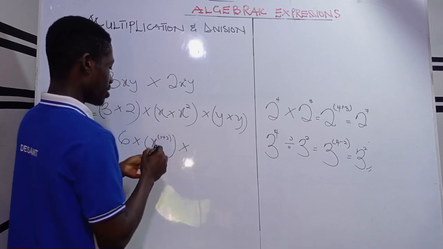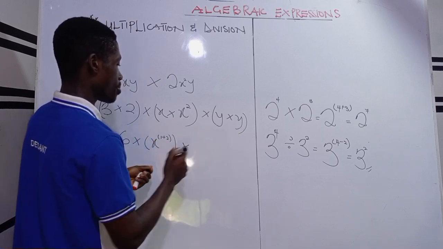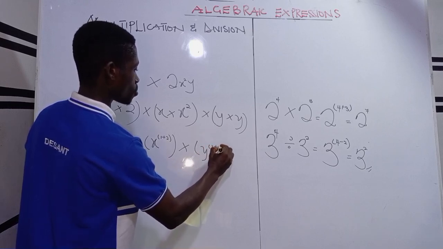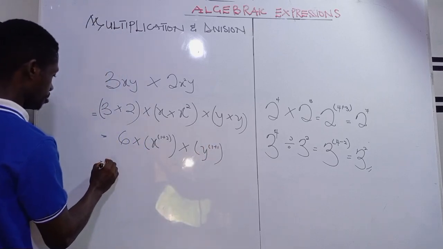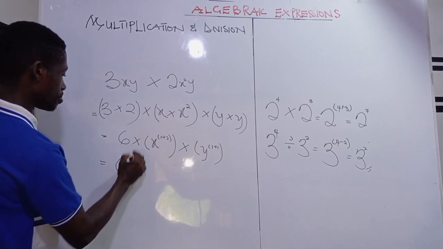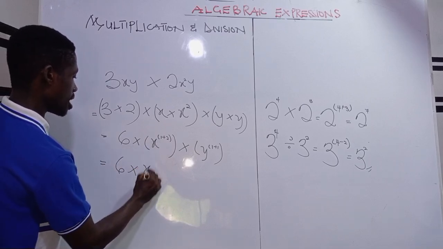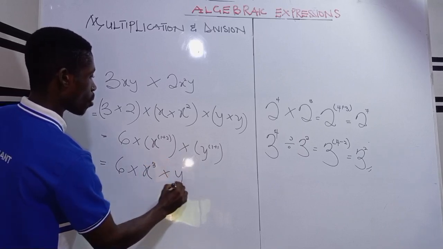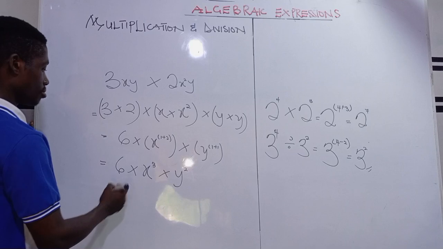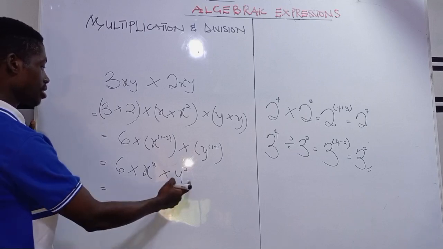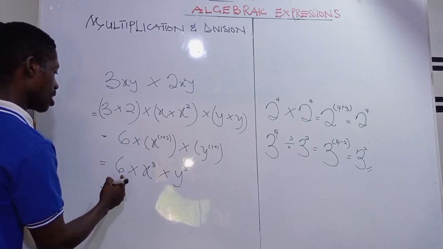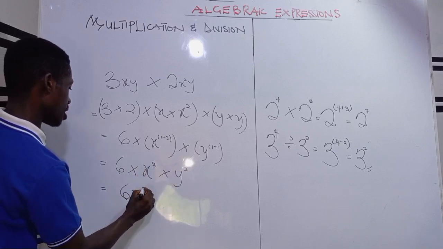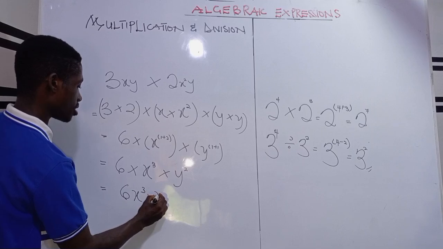Since they have the same base and then they are multiplying, we pick one of the base and then we add their exponent, 1 plus 1. So we have 6 multiplying x power 3 times y power 2. So in algebraic expression, we are going to have 6 times x cubed times y squared, which gives us 6x cubed y squared.